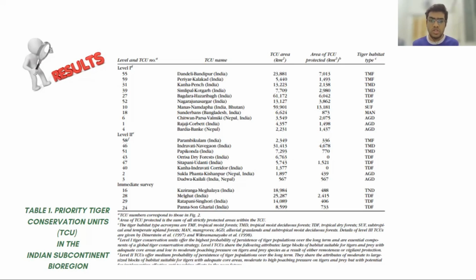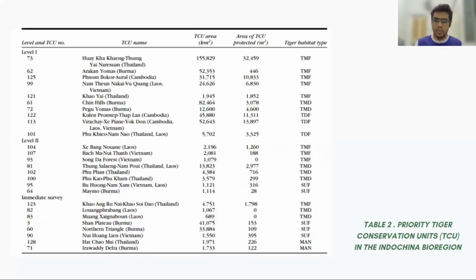Two of them in level 2, which are TCU numbers 43 and 40, do not contain any strict protection. Therefore, the mean area protected within the 22 priority TCUs is around 2,482 to 2,984 square kilometers. So this is what was found and researched in the Indian subcontinent bioregion.